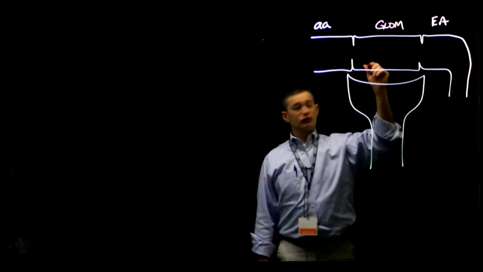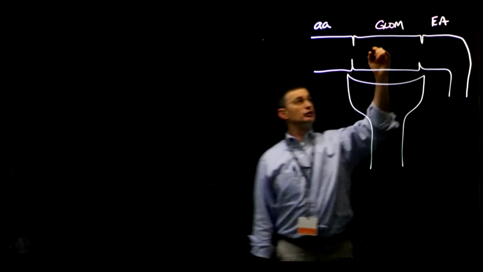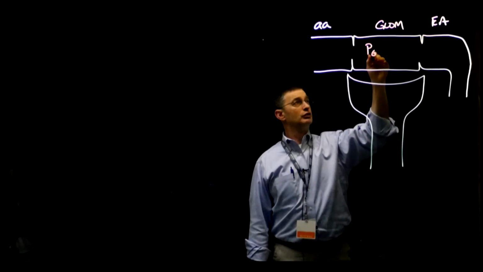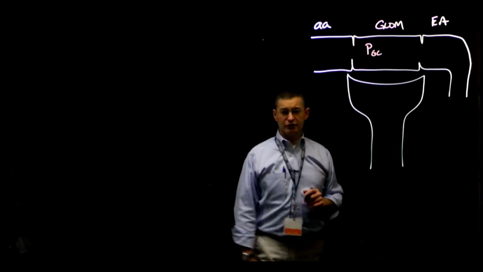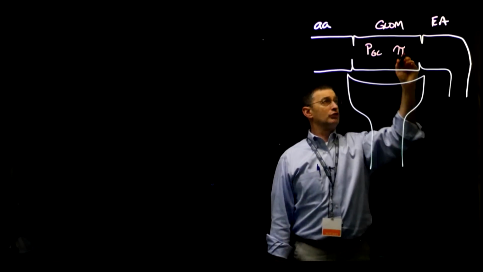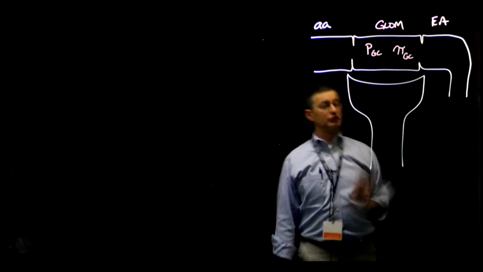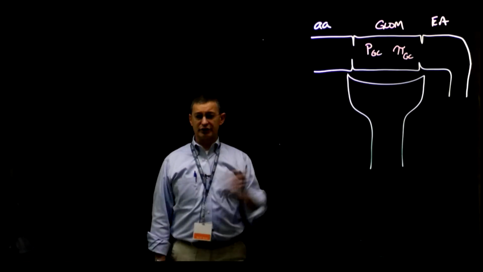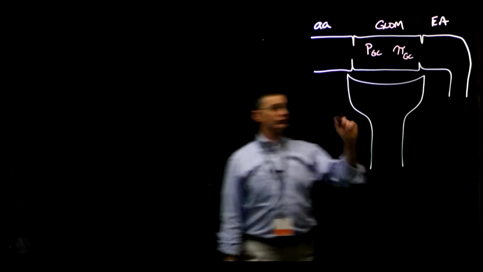And just like the systemic capillaries, we have the same types of forces in place. We have the hydrostatic pressure within the glomerular capillary. We have oncotic pressure within the glomerular capillary that are going to impact on fluid movement out of the capillary into the nephron.